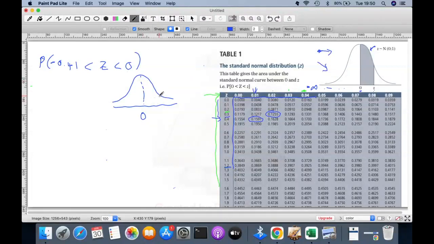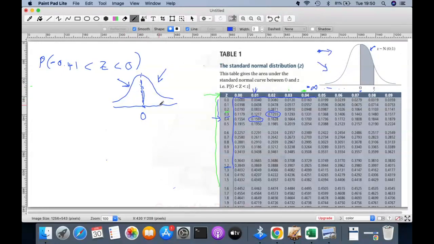Now, this is where we use the property of symmetry. What is symmetry? It's symmetrical, like a mirror image about the line of 0. So if this is the line of symmetry at 0, then what you see on the right is exactly the same as what you see on the left. That's what symmetry actually is.